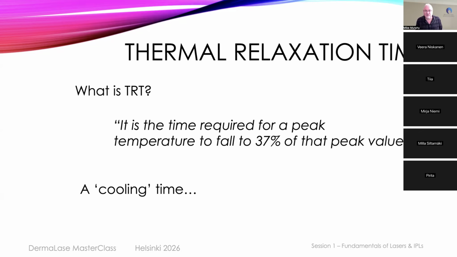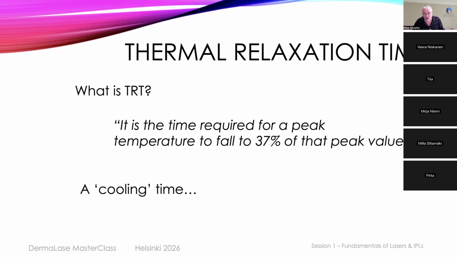It was a convenient kind of placeholder, you could say, back in the day. In those days when Anderson and Parrish did this work, the laser pulses were extremely short, down in the microsecond range, less than a millisecond. So they didn't really have long pulses to play with. It was kind of fortuitous and convenient. They said, well, it needs to be a short time.